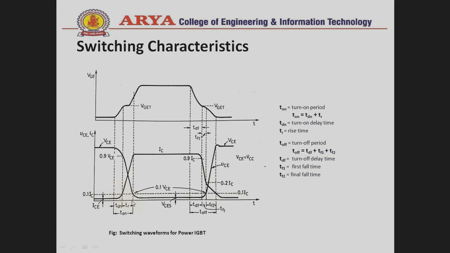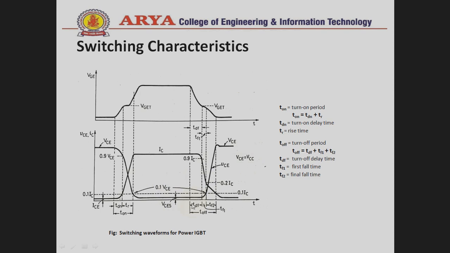In the TR time period, the collector-emitter voltage falls from 0.9 VCE to 0.1 VCE and the collector current rises from 0.1 IC to its final value. After T-on, the collector current IC and the collector-emitter voltage fall to a small value called the conduction drop, that is VCES, where the subscript denotes the saturated value.